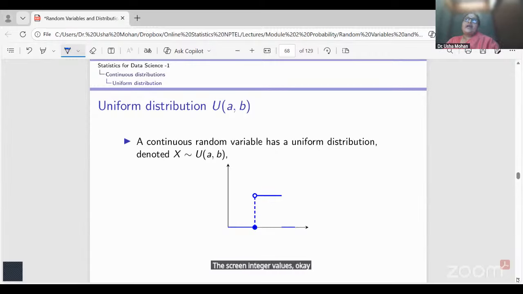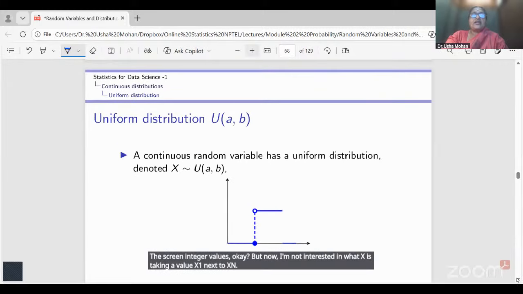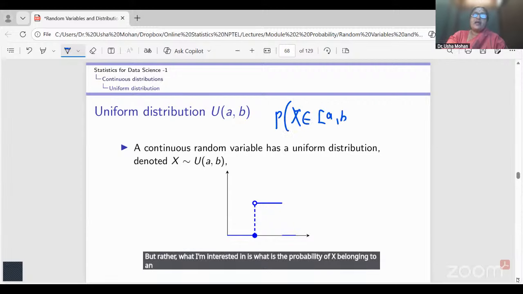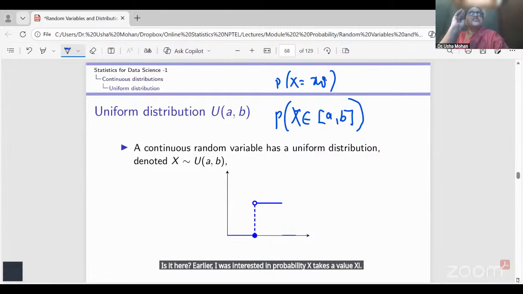But now I'm not interested in x taking a value x1, x2, xn, but rather in the probability of x belonging to an interval a to b. Earlier, I was interested in the probability that x takes a value xi. Is this distinction clear between discrete and continuous?